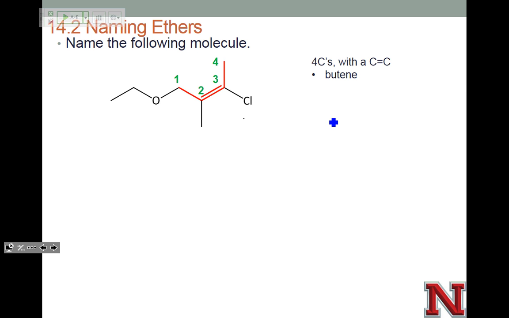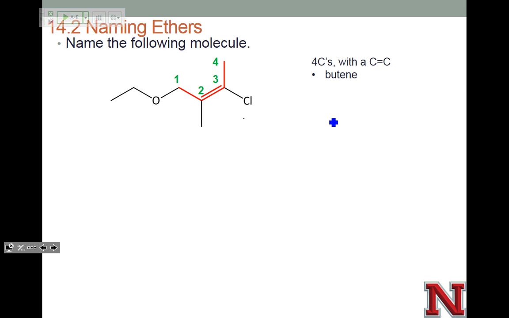So since that's the case, then we'll just choose our lowest numbering system possible. So this is the best route, because if we number the other way, we're still going to have our double bond at 2, but then we're going to have substituents at 2, 2, 3, and 4 versus 1, 2, and 3. So this route is a bit shorter. But we would typically put our double bond as having priority.